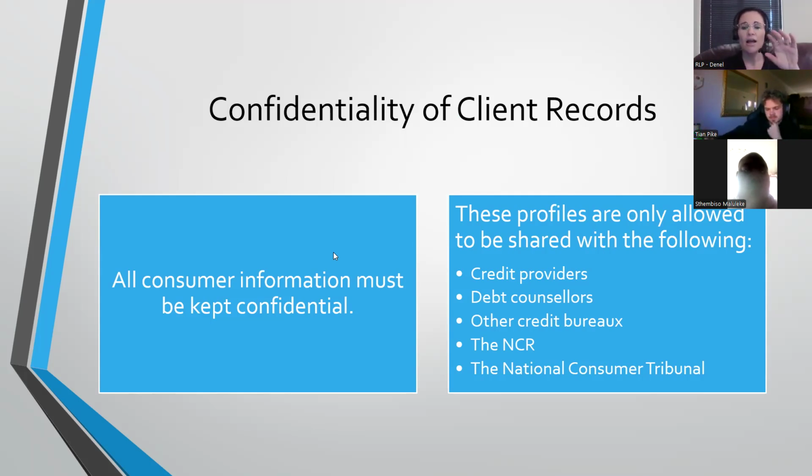Okay. If I fill out my application with Tian, it means that Tian's only allowed to share my information with the key role players that need to decide whether I will be approved for credit or not. For instance, the credit provider, the credit bureau, the debt counsellor if they suspect any reckless lending, the National Credit Regulator if there's an investigation on the transaction, and the National Consumer Tribunal to assist them in deciding on what happens if a complaint was lodged.